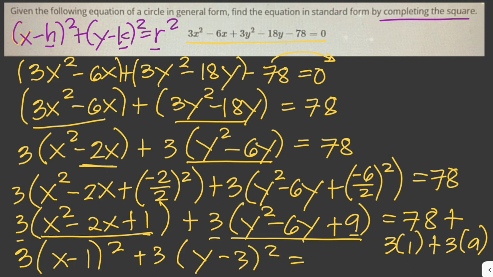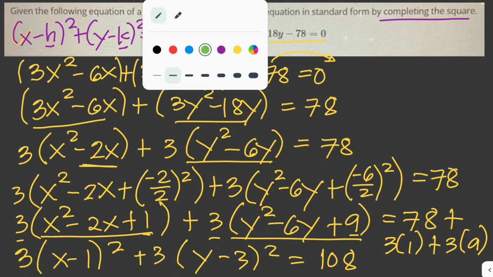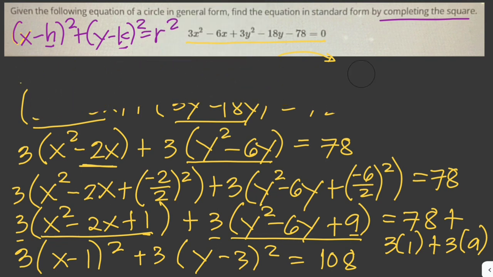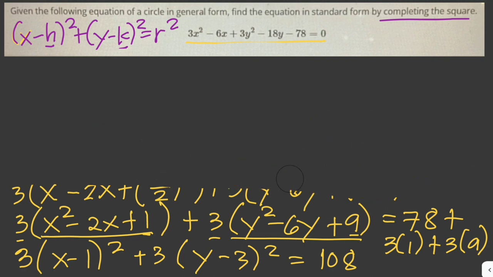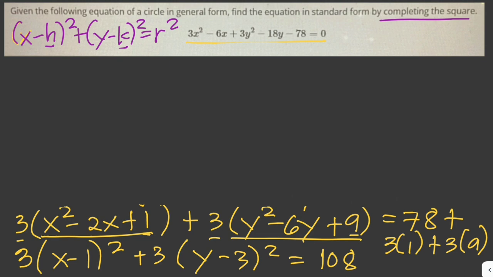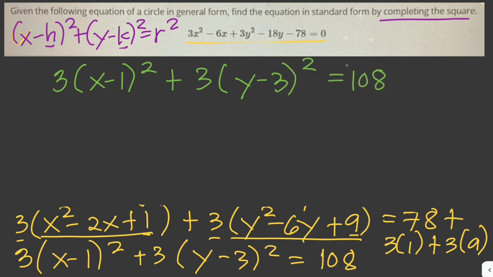And then we add 78 plus 3 plus 27, and this is just equal to 108. So our equation now becomes 3 times (x minus 1) squared plus 3 times (y minus 3) squared equals 108.